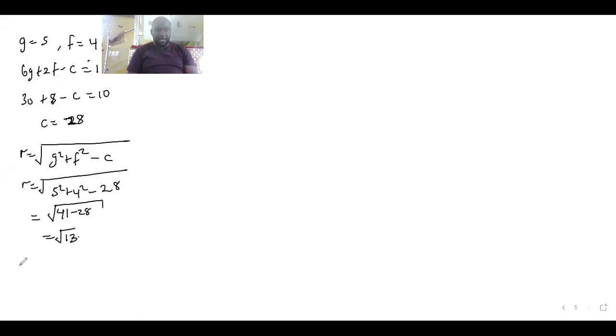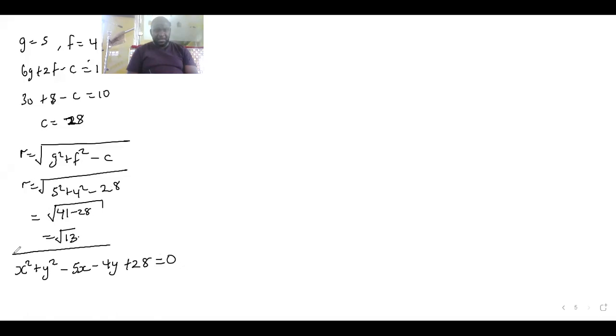So the general equation will become x squared plus y squared minus 5x minus 4y plus 28 is equal to 0.